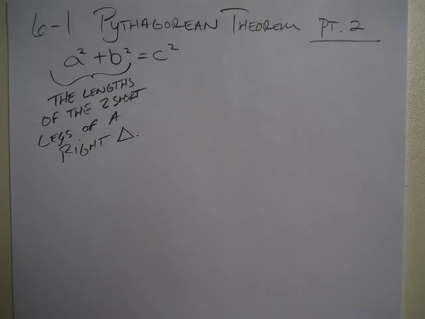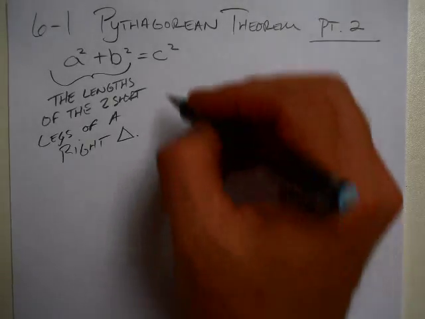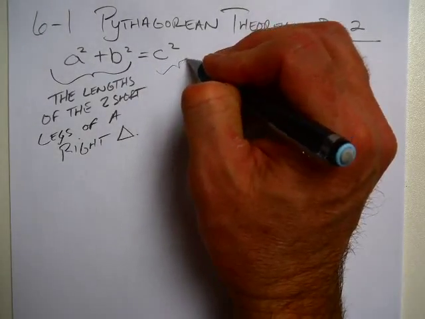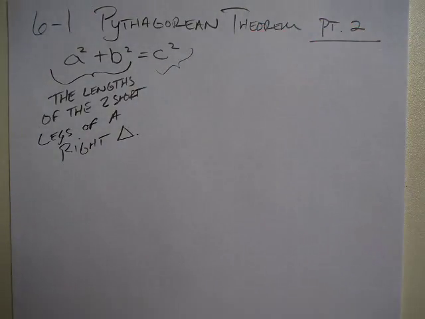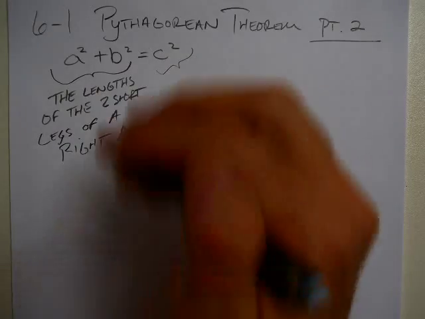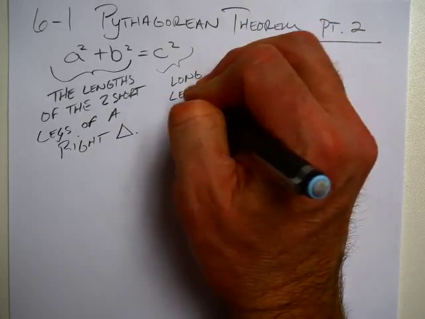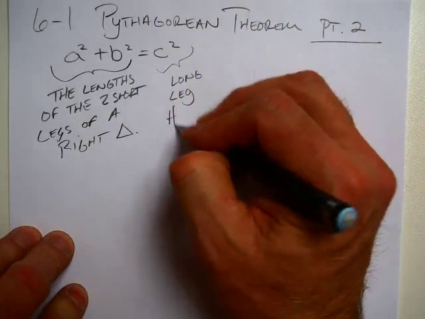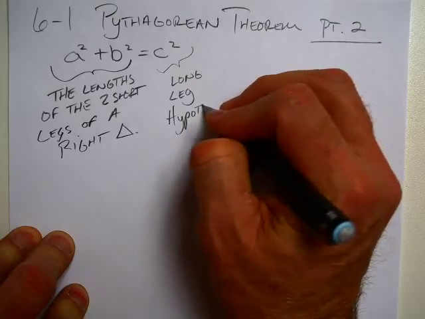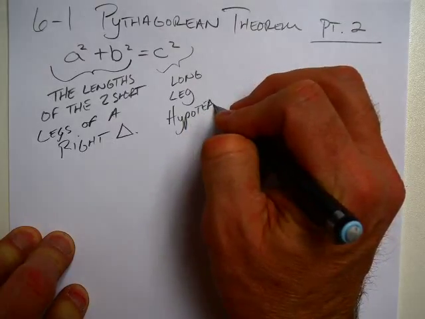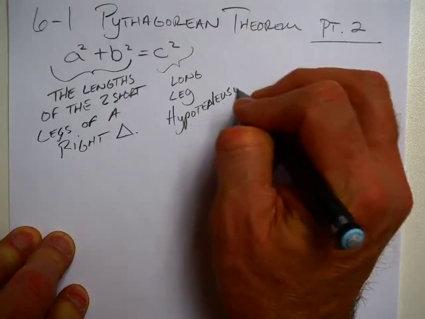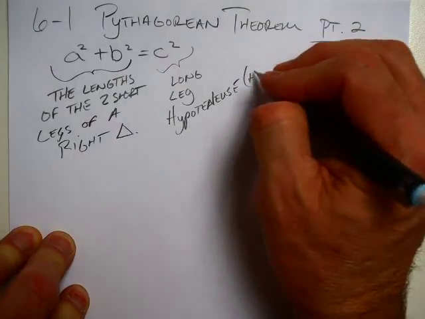Well, if those are the two short legs, what's c squared? It's the hypotenuse, yeah. It's the long leg. Call that the hypotenuse, or hype for short.